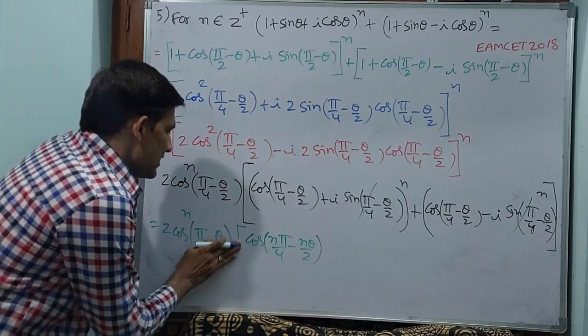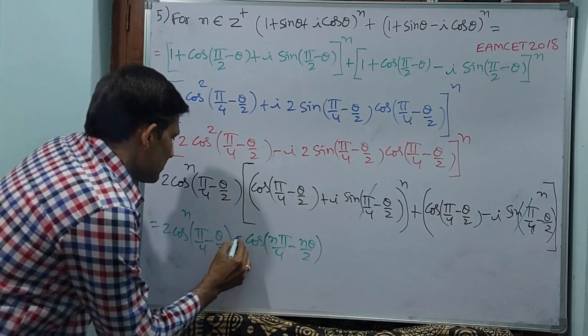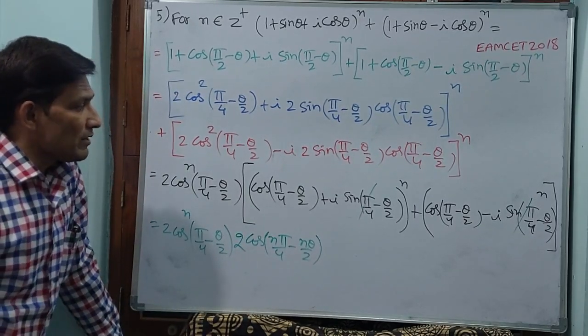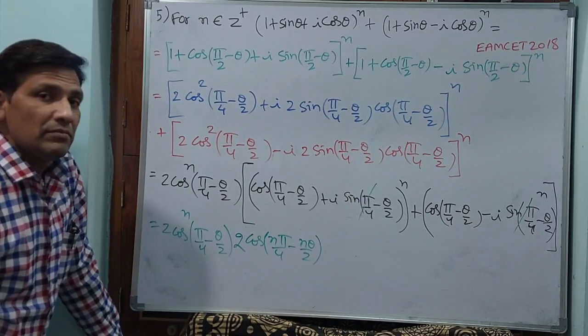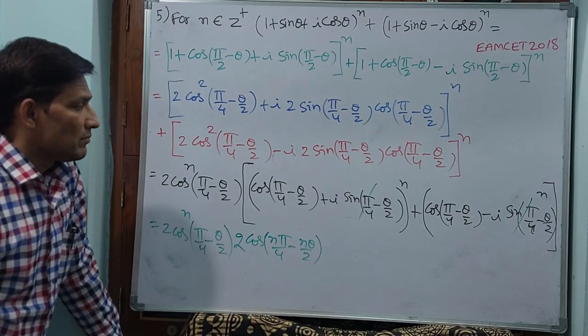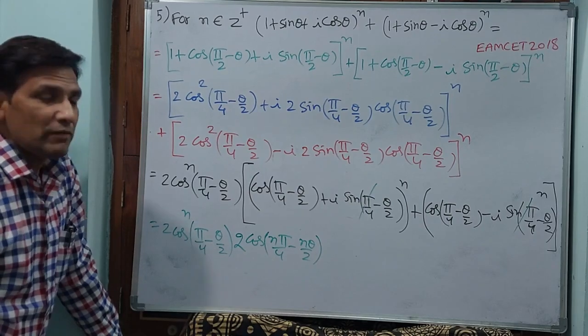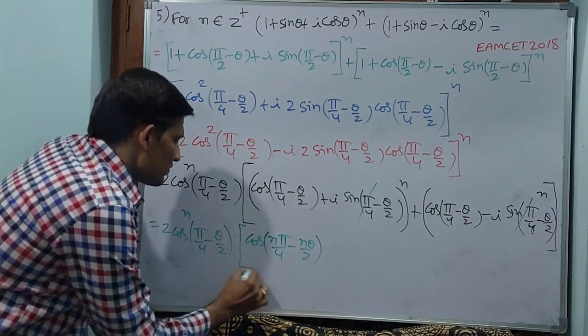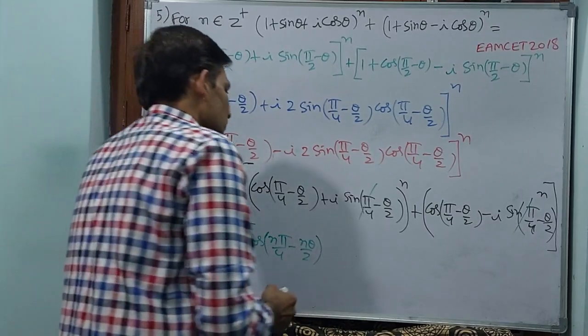And this also, 2 it will become. Shall I write 2 here directly? Why are we going to make more steps? Only 2 is going to come. Or else here you are going to get confused. That is why let me take this also.